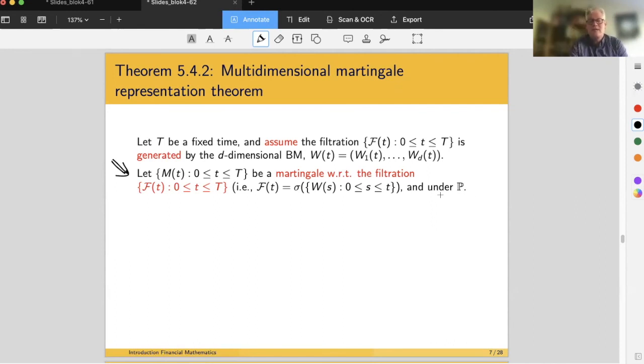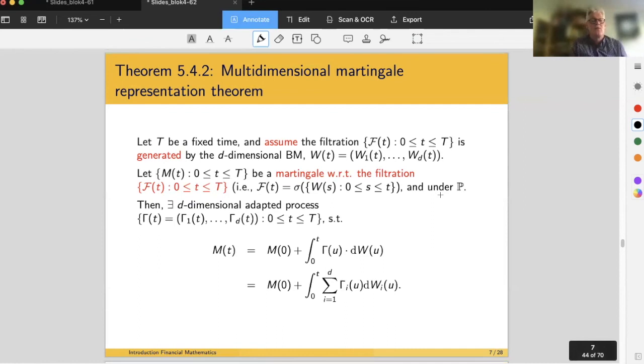And then in the multidimensional martingale representation theorem, we say that there exists a d-dimensional adapted process gamma, consisting of gamma 1t, gamma 2t, up to gamma dt, again, little t between 0 and capital T, such that Mt, our martingale Mt, is equal to M0 plus the integral from 0 to t of the inner product of vector gamma u times vector dWu.